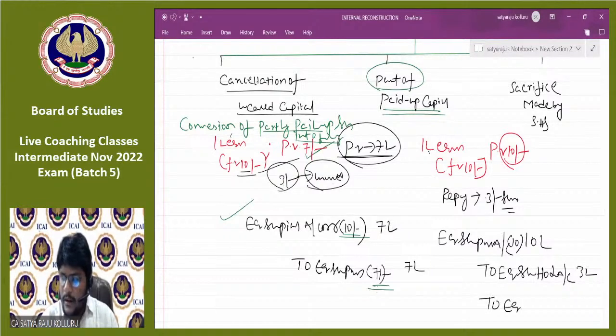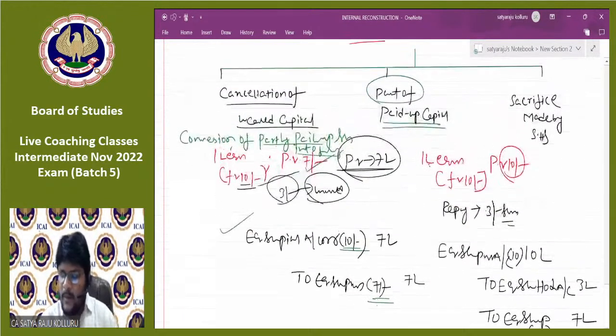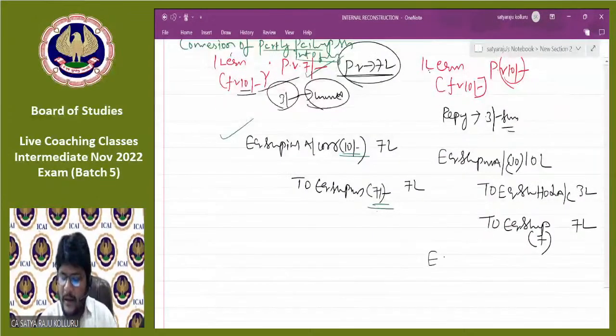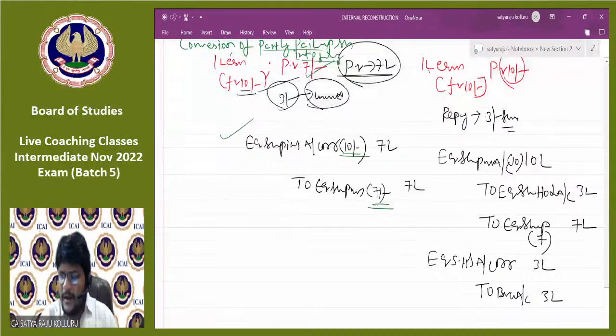To equity share capital account, in bracket face value was 7 rupees, which is 7 lakhs. Now you can make repayment to the equity shareholders by passing the entry equity shareholders account debit to bank account, which is 3 lakhs.